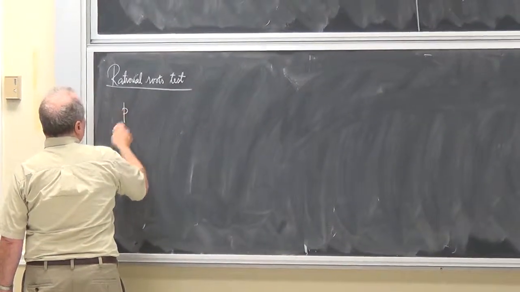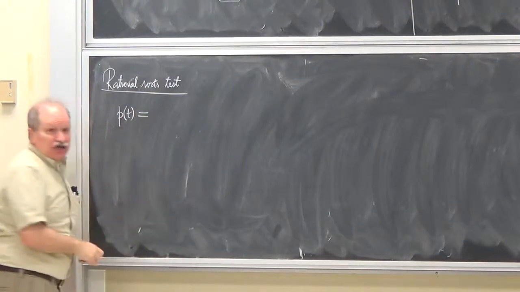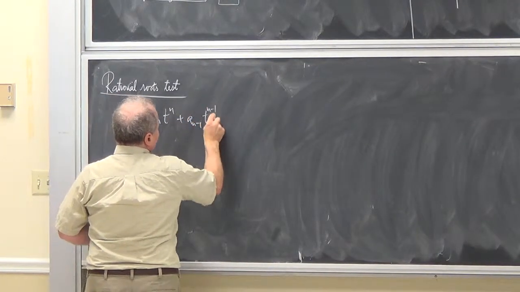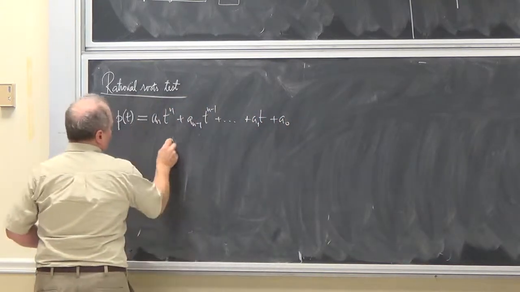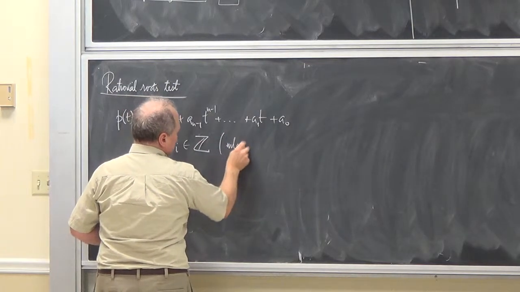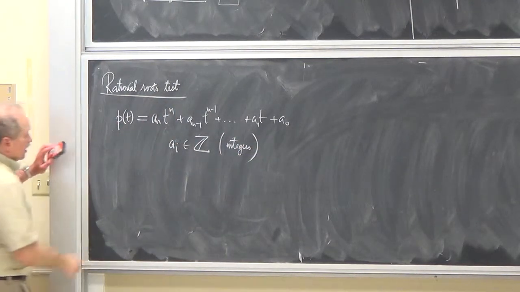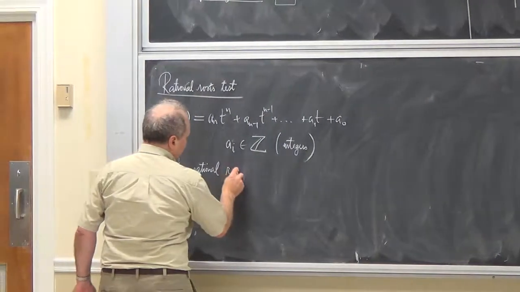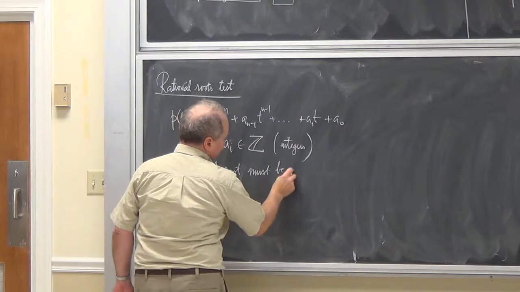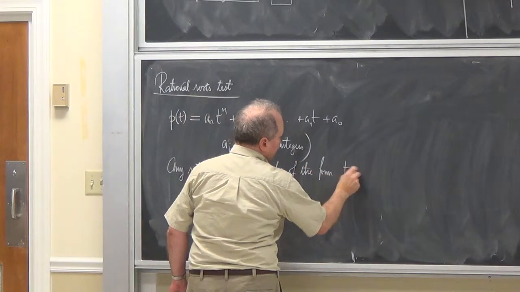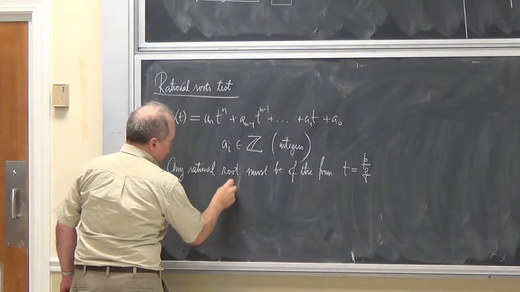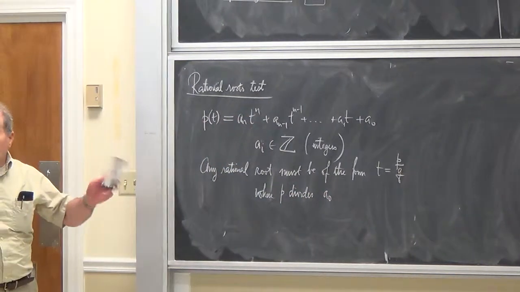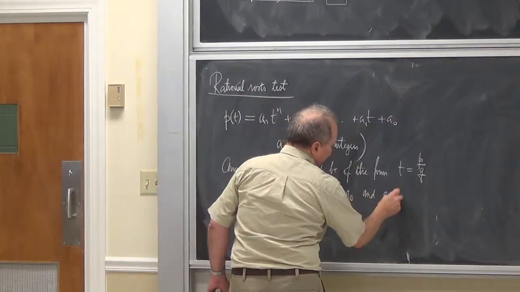So if you have a polynomial with integer coefficients, any rational root that this polynomial has, I can't help you with irrational numbers, must be of the form p over q, where p divides the constant term, so it's a factor of the constant term, plus or minus, and q divides the leading coefficient, a sub n.